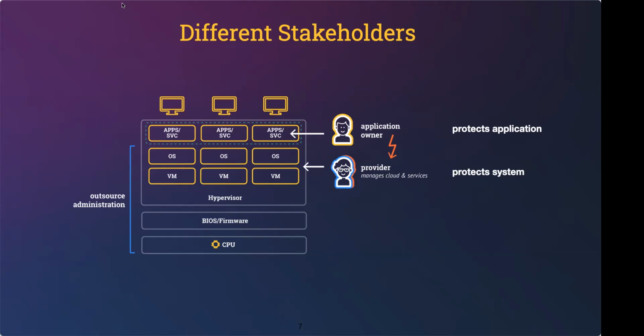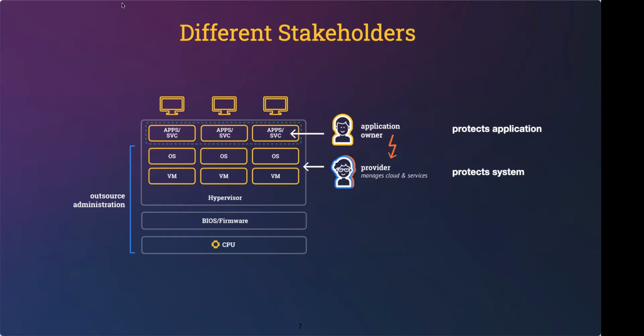And that cloud provider wants to protect his or her infrastructure from the application owner, while when I take the role of the application owner, I want to protect my application from the infrastructure owner, the provider. So there is a potential conflict, different interests. We have different stakeholders, and we need to solve that.